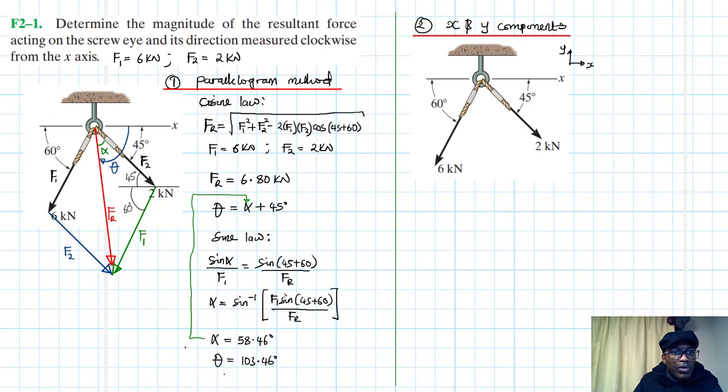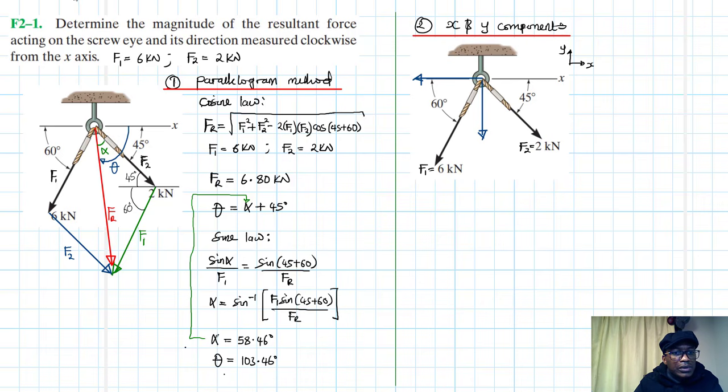We'll start with F1. Of course, this is our F1. This is our F2. Okay, so F1, we have a component in that direction like so. We'll have another component like so.